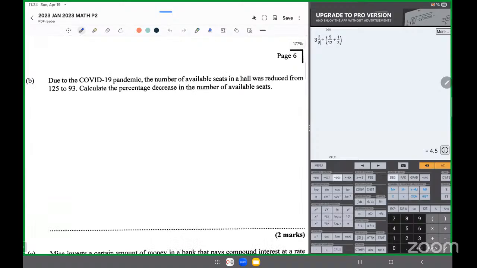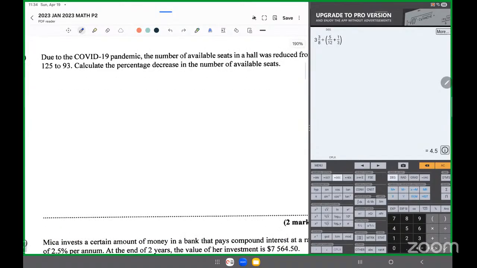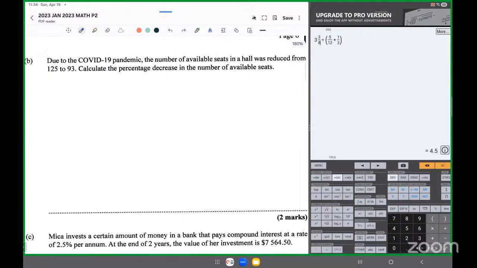Next question says, due to the COVID-19 pandemic, the number of available seats in a hall was reduced from 125 to 93. 125 minus 93. That's a reduction of 32. Calculate the percentage decrease in the number of seats.